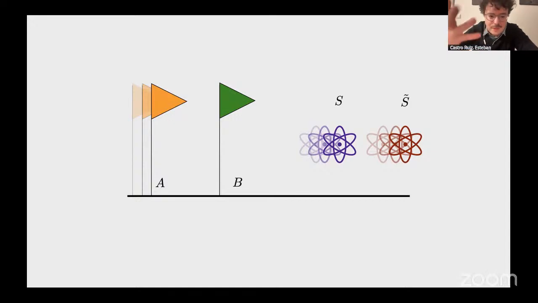And the answer is that this potentially something else is the extra particle, and it turns out that this extra particle contains, in a sense, all the possible S prime. It has information about all the potential S tilde, S double tilde, S triple tilde that might be out there, so to speak.